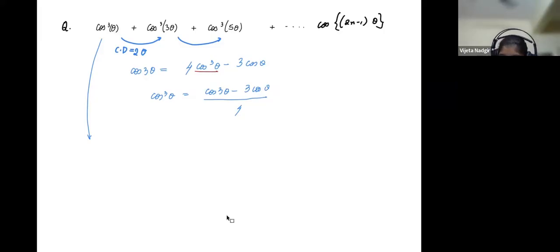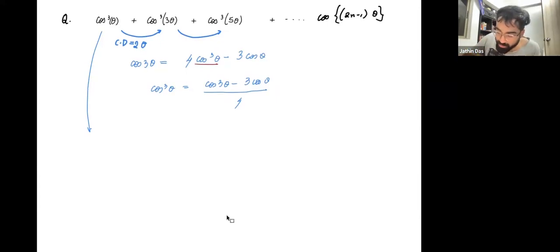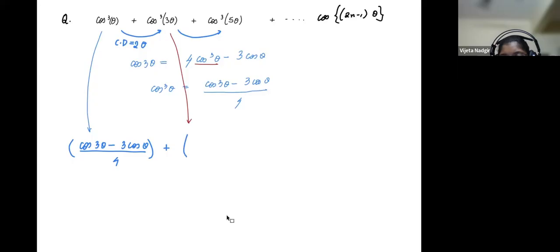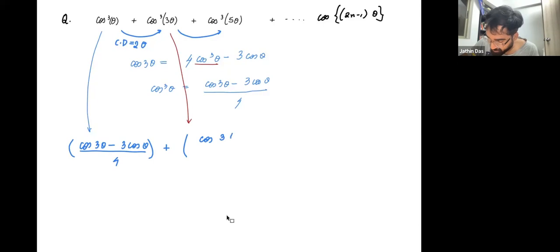See, this cos cube theta, I'll write it as (cos 3 theta plus 3 cos theta) by 4. That is one. Next, this one: cos 9 theta plus 3 cos 3 theta by 4.